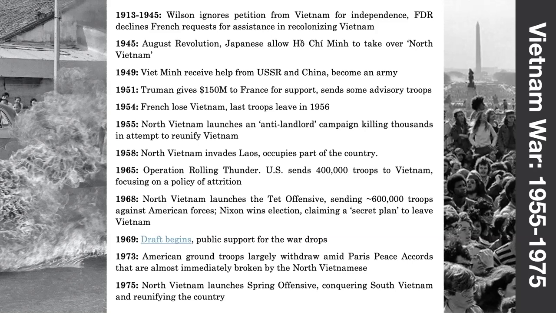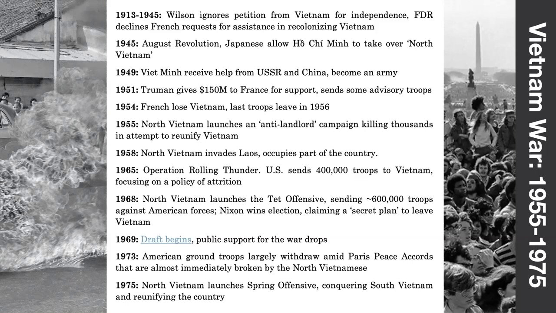Wilson, president in 1913, refused a petition for Vietnam to acknowledge it as independent, and FDR, when he was president, declined French requests to help them maintain their control, their imperialist ambitions in Vietnam, because France had spent quite a bit of time and capital and French lives there to try to control it.